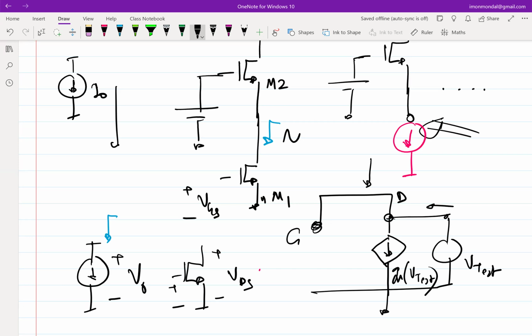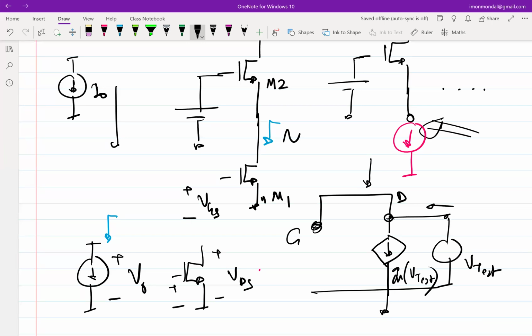So the problem statement now reduces to: how do I generate a VGS which is equipped to give me a constant current? Let's say you can use more transistors, but that is the problem statement. Give me a VGS which is equipped to give me a constant current.